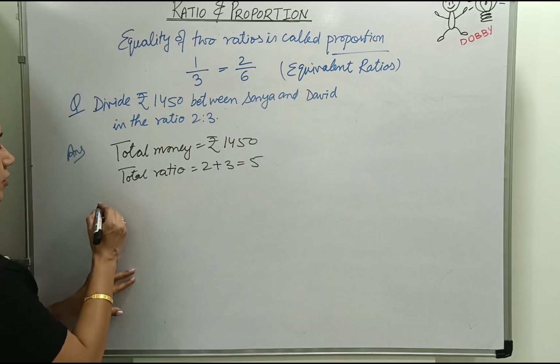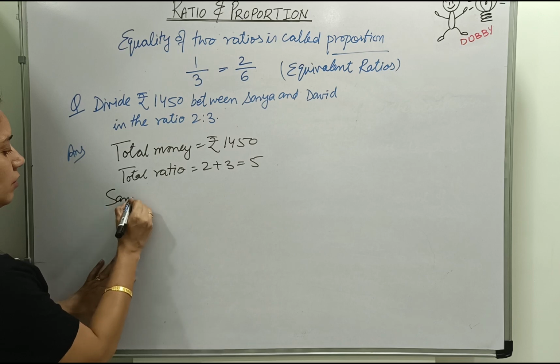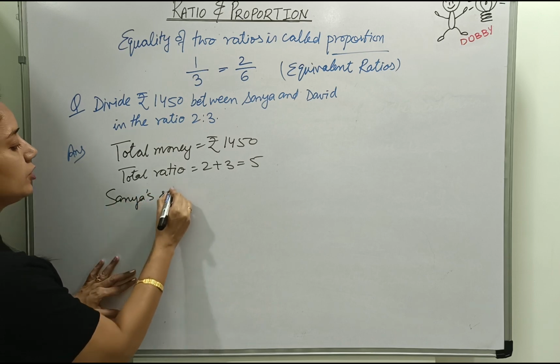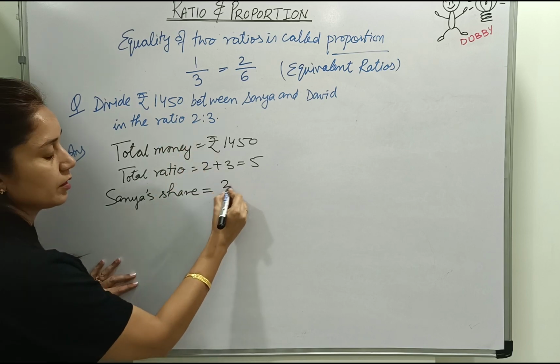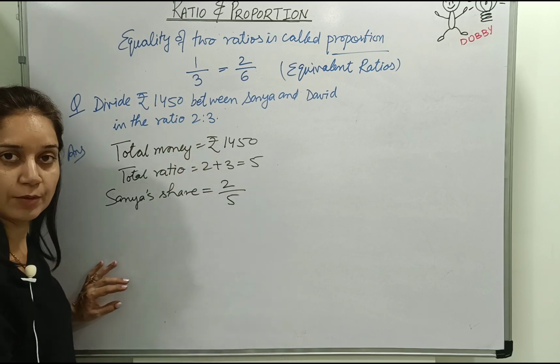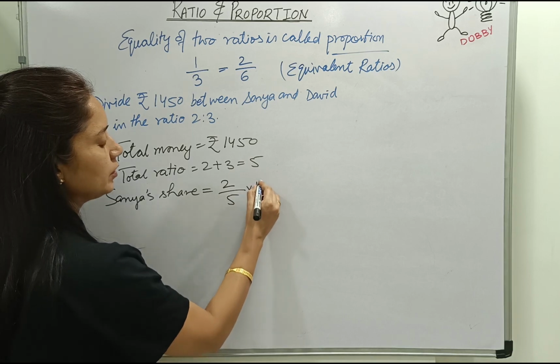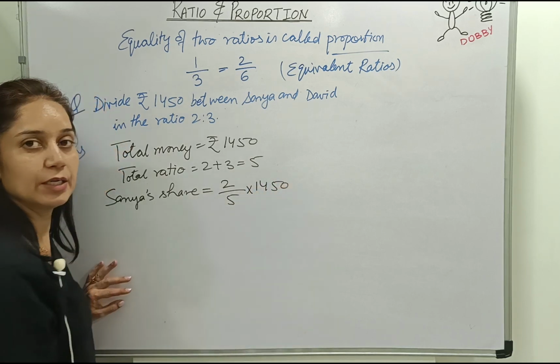Now let us find Sania's share. How much did Sania get? 2 parts out of total 5 parts, and amount is 1450 will be multiplied.